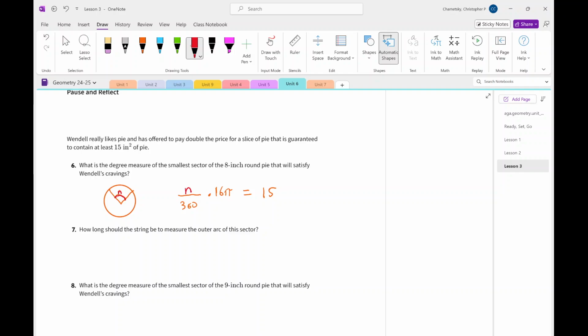So a couple things we have to get rid of. We have to get rid of that 360, and then we have to get rid of that 16 pi. The first thing I'm going to do to get rid of the 360 is multiply both sides of our equation by 360. Those cancel out.